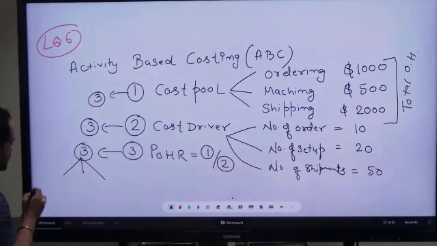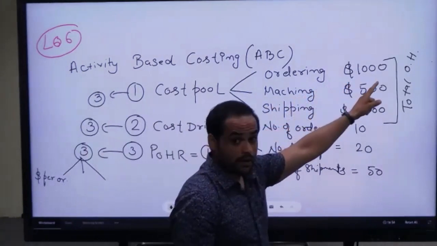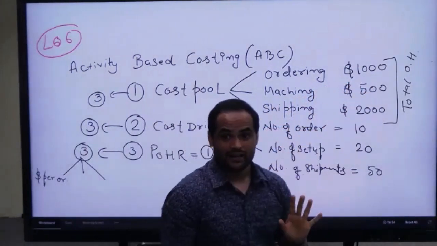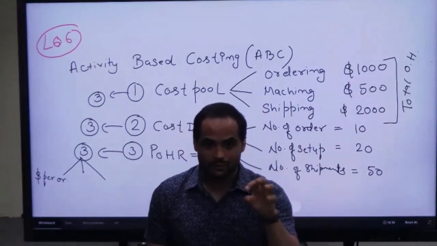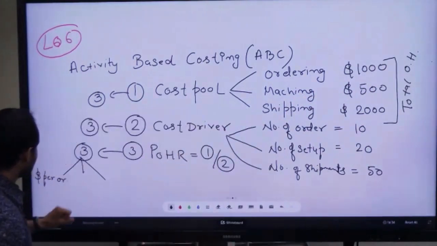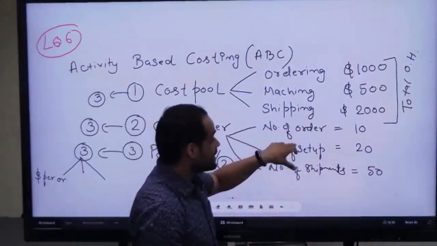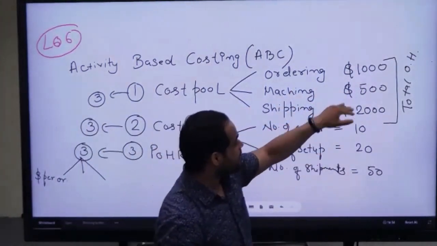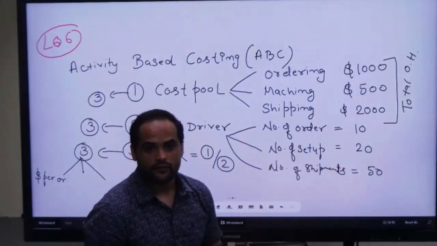Three rates means one rate is dollar per order, 1000 divided by 10, which means $100 per order. If you order one time, the cost will be $100. Second rate is rate per setup, which is 500 divided by 20, which means 25.